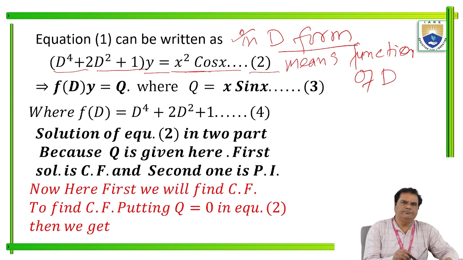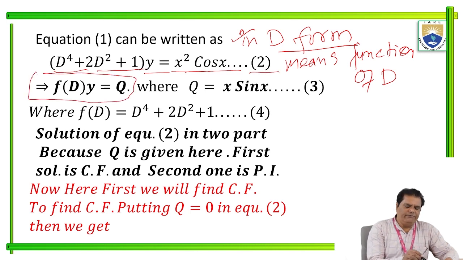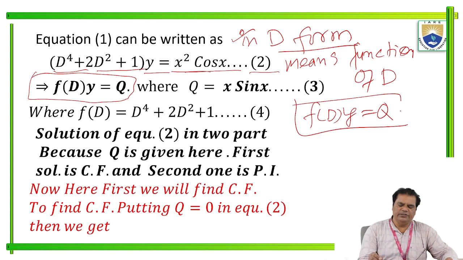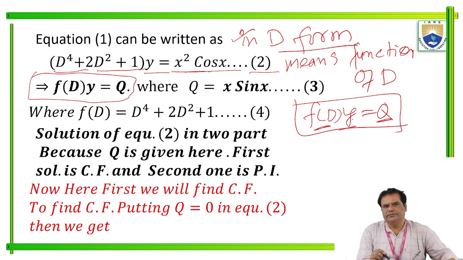This is equation 2. Now, our general equation is of this type: F(D) y is equal to Q. This is the general differential equation, F(D) a function of D, where y and Q both are functions of x.